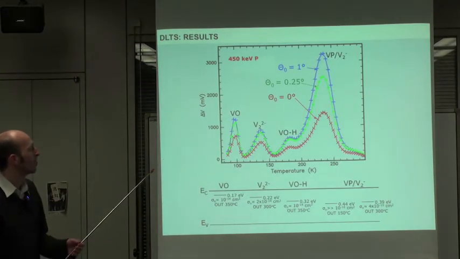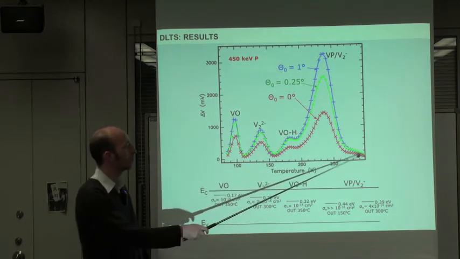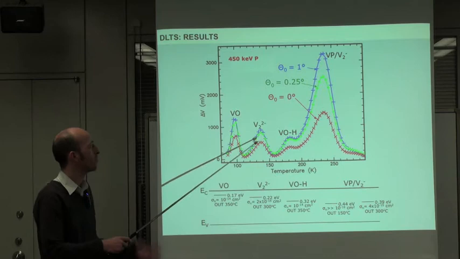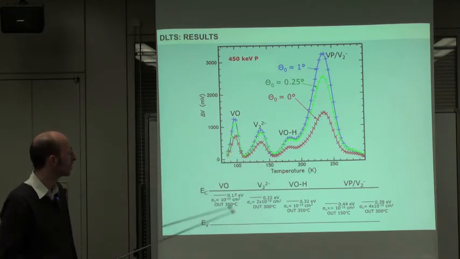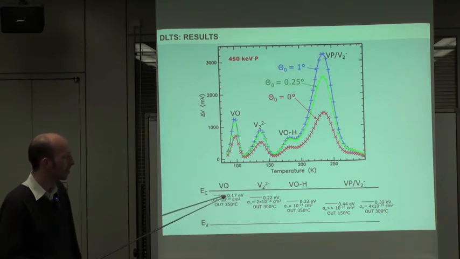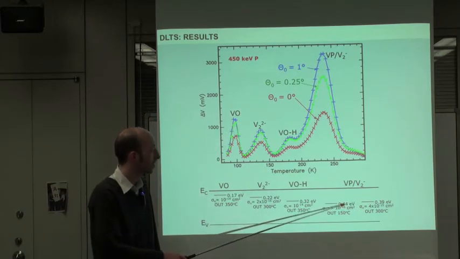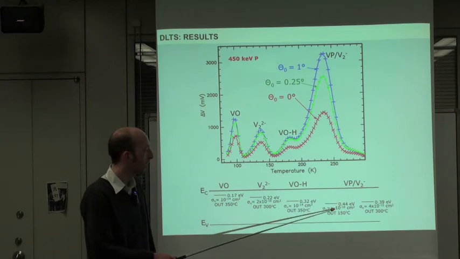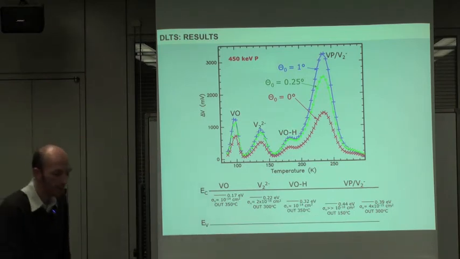So this is some data that we have from 80K up to room temperature. We see maybe 4 peaks here, which all correspond to different types of defects. So vacancy oxygen, which has this energy level below the conduction band, gives this peak, and vacancy phosphorus is a lot deeper into the band structure.